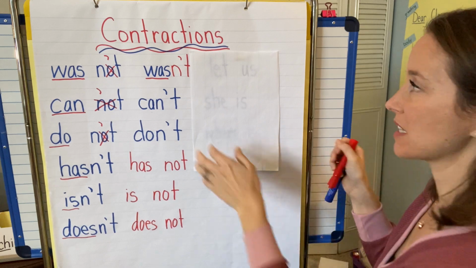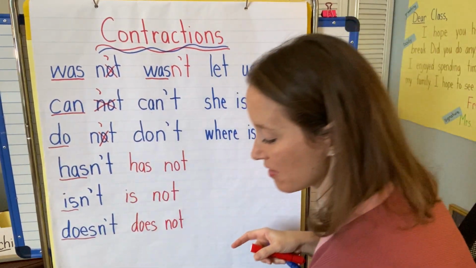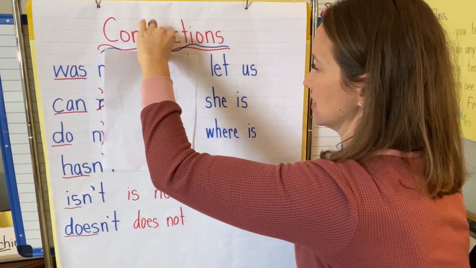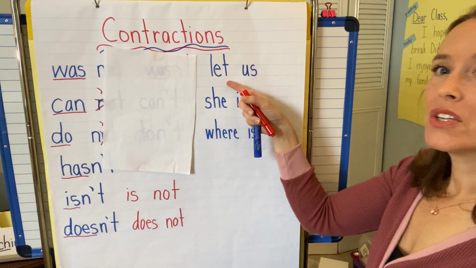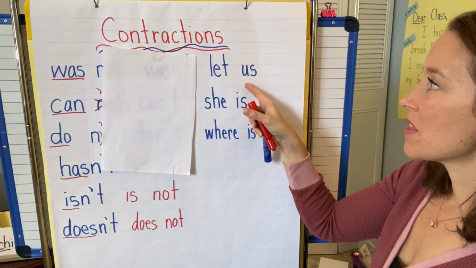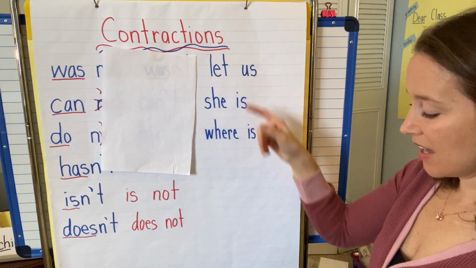Okay, so we're going to do some practice with that. On this side, we're going to look at another type of contraction. Let me just cover this up so you can focus on this other side. So on this side, instead of not, we're going to talk about is and us. We have let us.